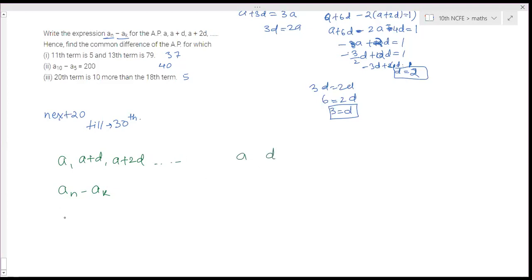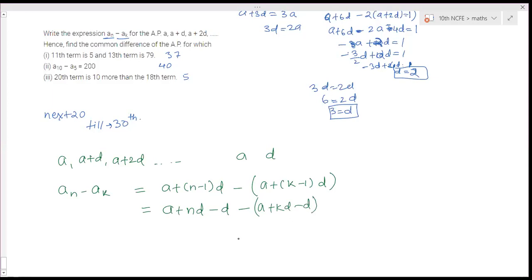When you substitute, an is equal to a plus n minus 1 into d, minus ak. The n position is k, which means the position of the term is k, so this is a plus k minus 1 into d. Simplifying: a plus nd minus d, minus of a plus kd minus d.